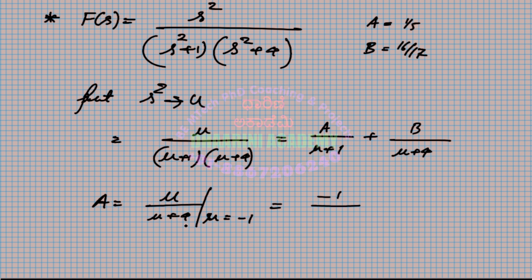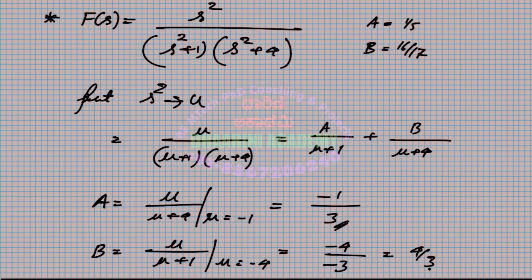So minus 1 divided by minus 1 plus 4, right? That is minus 1 by 3. Similarly, b is equal to u divided by u plus 1, u equal to minus 4, right? So that is minus 4 divided by minus 4 plus 1. So that is equal to 4 by 3.